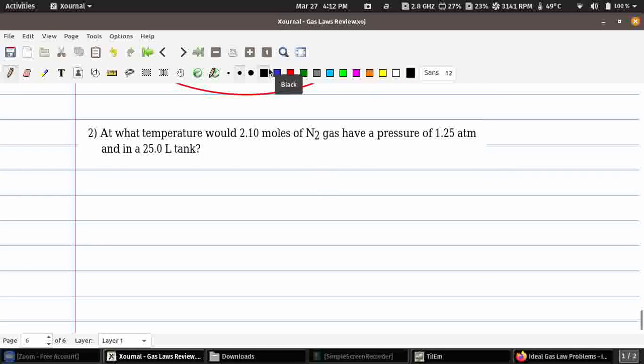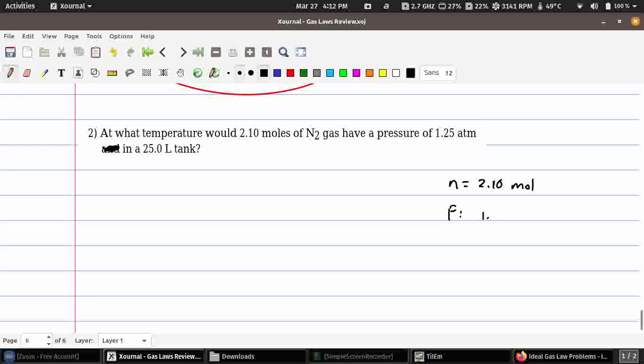At what temperature would 2.1 moles of nitrogen gas have a pressure of 1.25 atmospheres in a 25 liter tank? So let's write this out. We have n equals 2.10 mole.